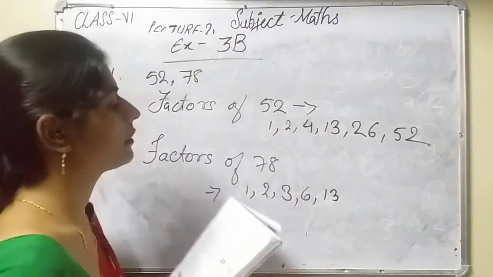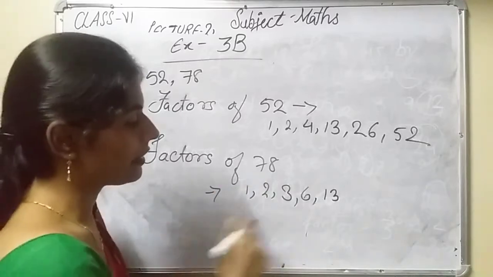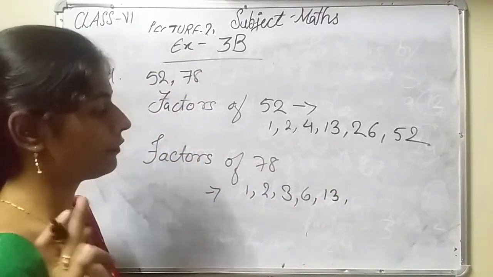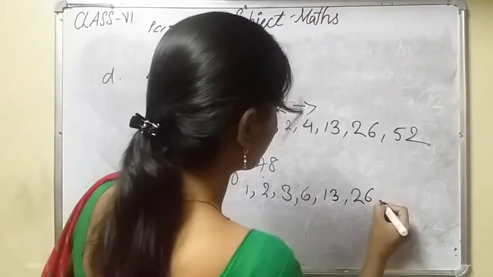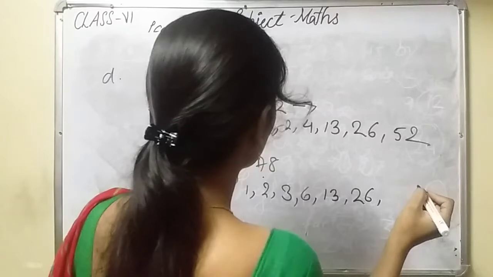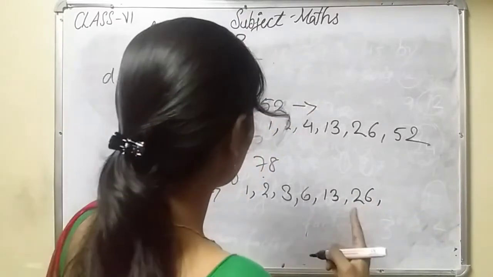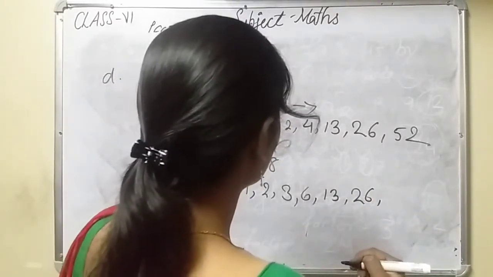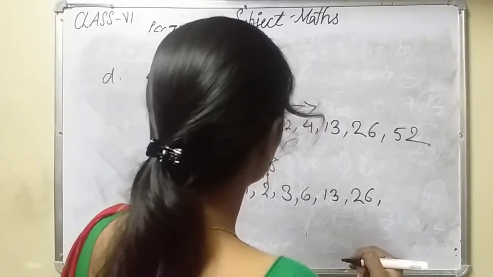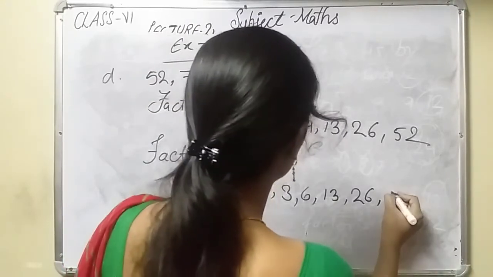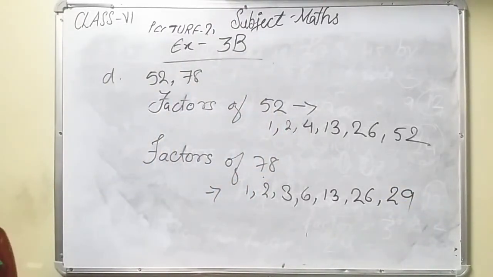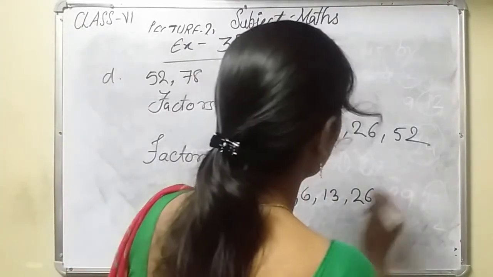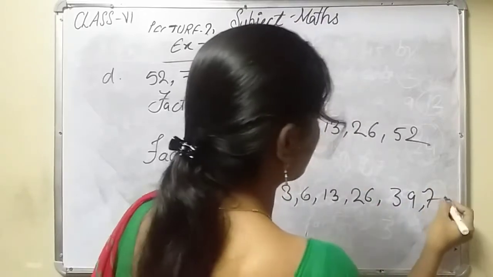In the 13 table, 13 sixes are 78. 14 it is not there, 15 it is not there, 26 threes are 78, then 27 is not there, 28 is not there. So not 29, it is 39 and 78.